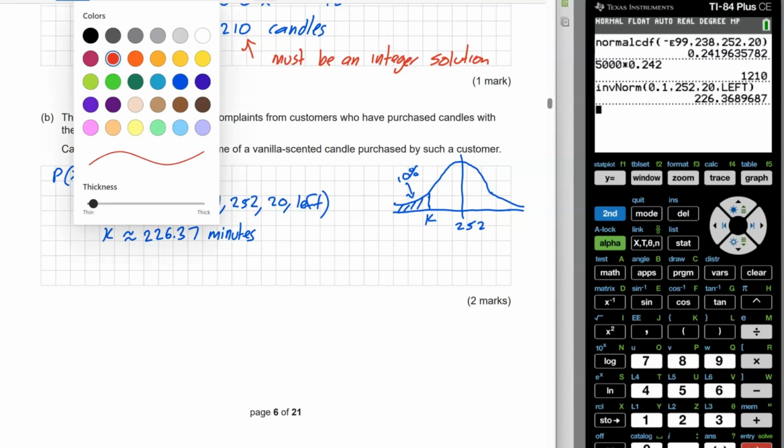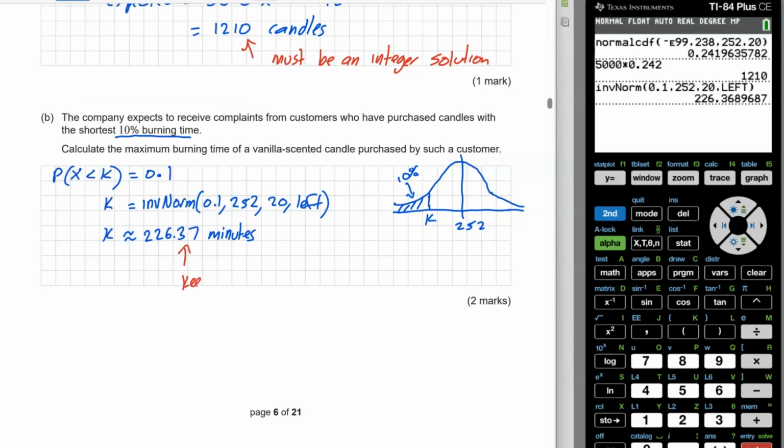This time around, we're going to keep a couple of decimal places. We're talking time, so it's more of a continuous variable. Last time when we counted the number of candles, we had that integer solution.